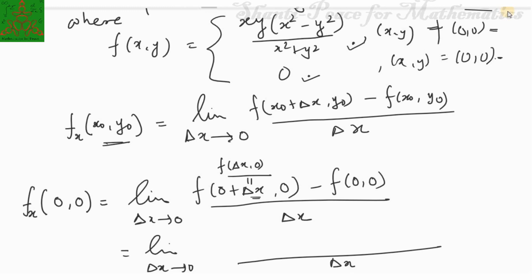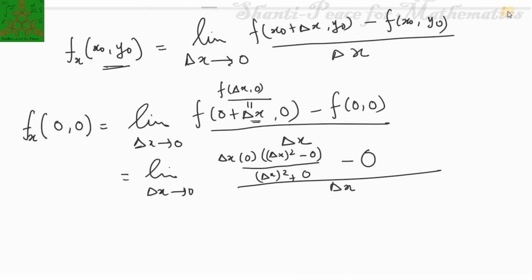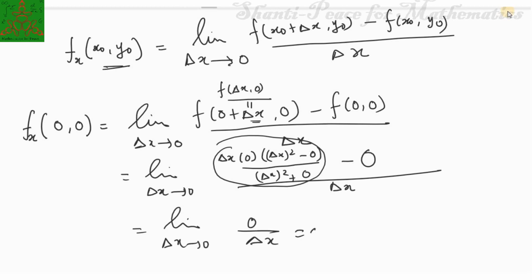So instead of x we have delta x into 0 into (delta x squared minus 0) upon (delta x squared plus 0) minus f of (0, 0). As per this, it becomes 0. Since delta x is multiplied by 0, this quantity becomes 0. So you will have the limit as delta x tends to 0 of 0 upon delta x, which gives me 0.